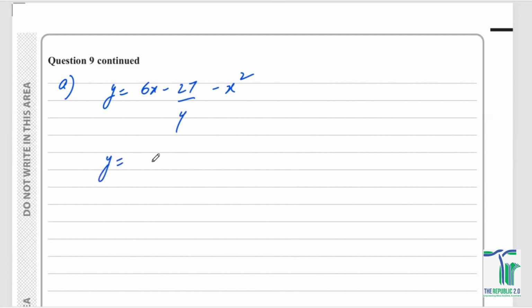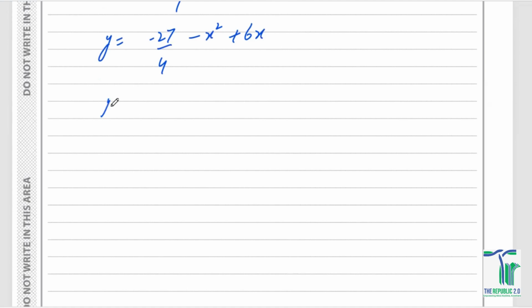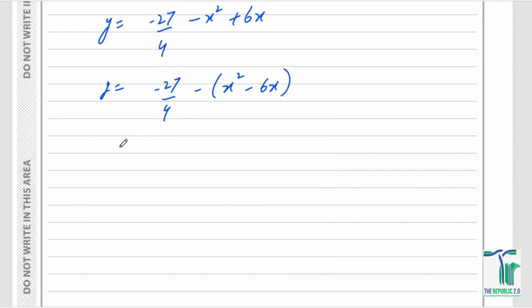So I would be having negative x square plus 6x minus 27 by 4, which can be further written as y is equal to negative, with negative as common, x square minus 6x. Now I'm just going to do the completing square: minus 27 upon 4, negative bracket, x minus 3 square, and then minus 9.